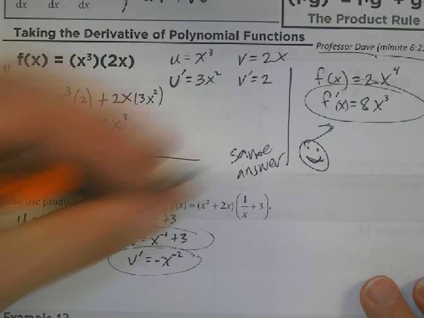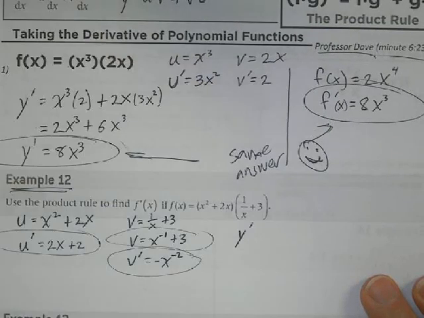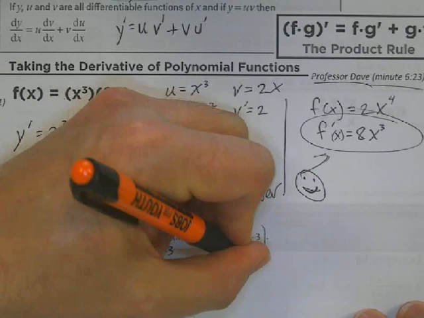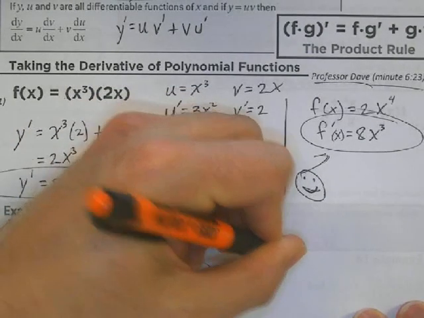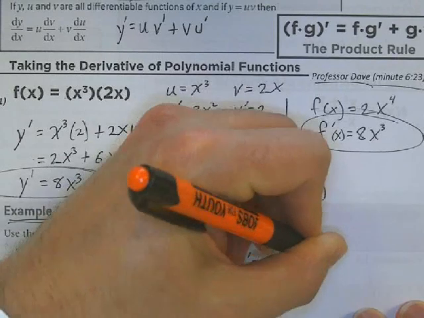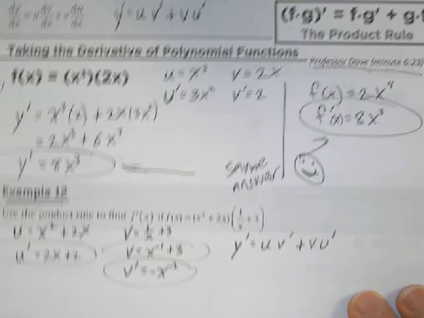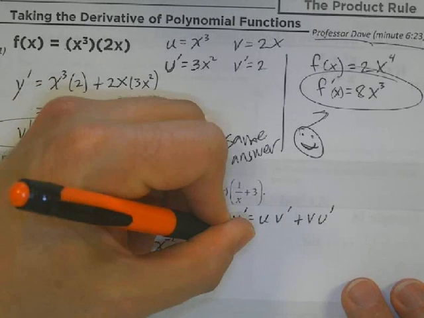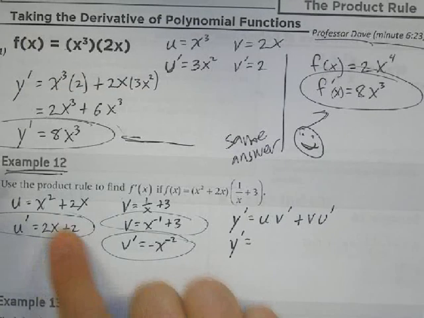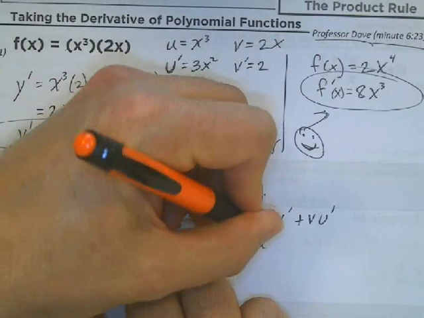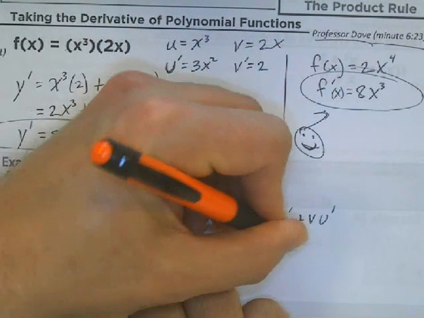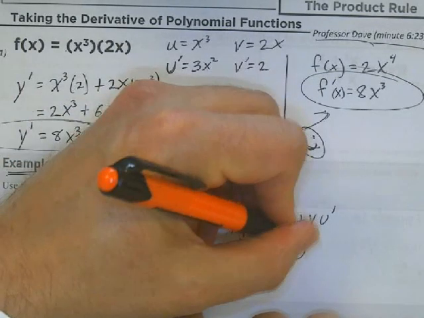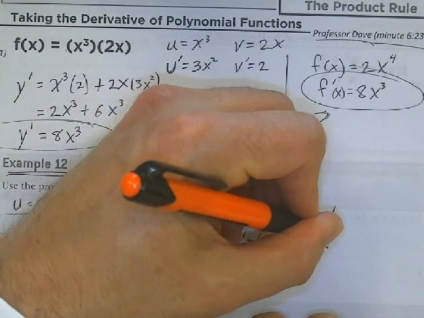So once again, our formula, it's right up here: u times v prime plus v times u prime. Okay, so let's substitute it in. So y prime equals u, which is x squared plus 2x. V prime is negative x to the negative 2, right?